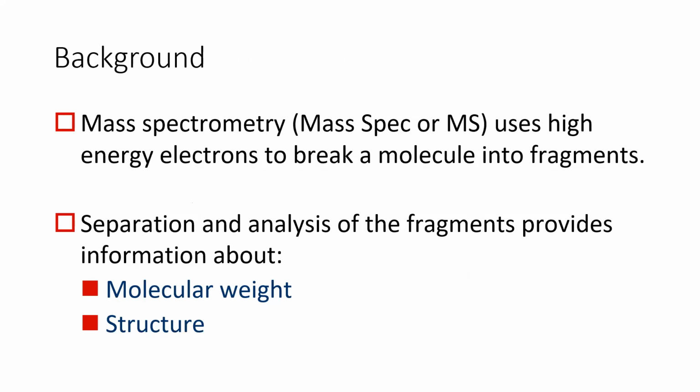And when this is done, the fragments give us information about the molecular weight of the compound. And not just the molecular weight, it gives us information about the structure. So we get the molecular mass and the structural formula of the compound. These are the 2 key pieces of information that the fragments give us.